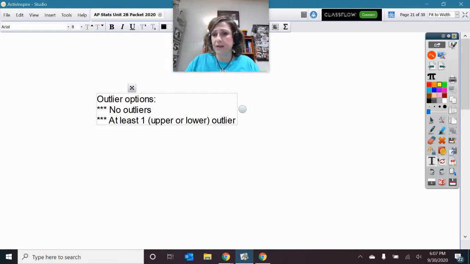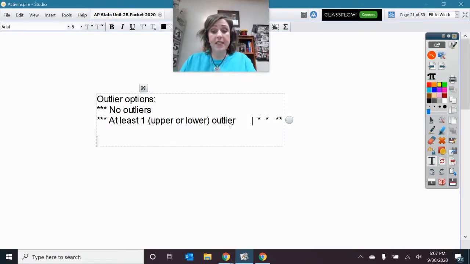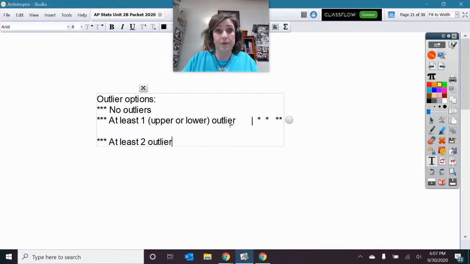So, you could have something where, here's your fence right here, and then you've got several pieces of data before that maximum right there. Okay. So you could have, in this case, 4 upper outliers. So you could have more outliers than just that maximum. So we have to say at least one. All right. Now, there is another case. You could say that you have at least 2 outliers.